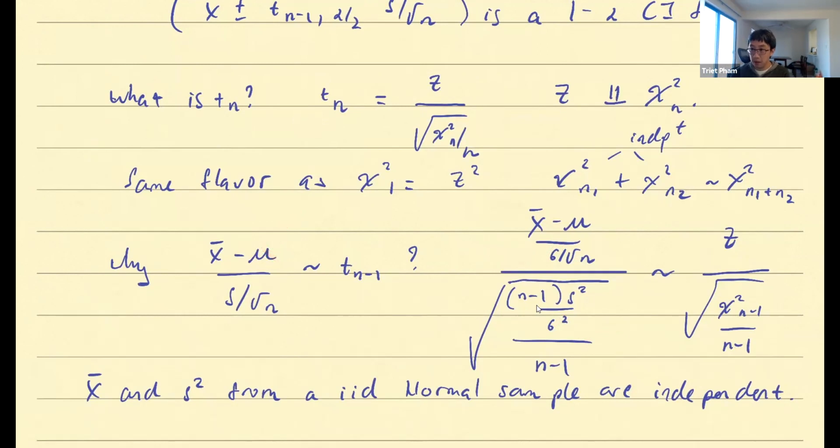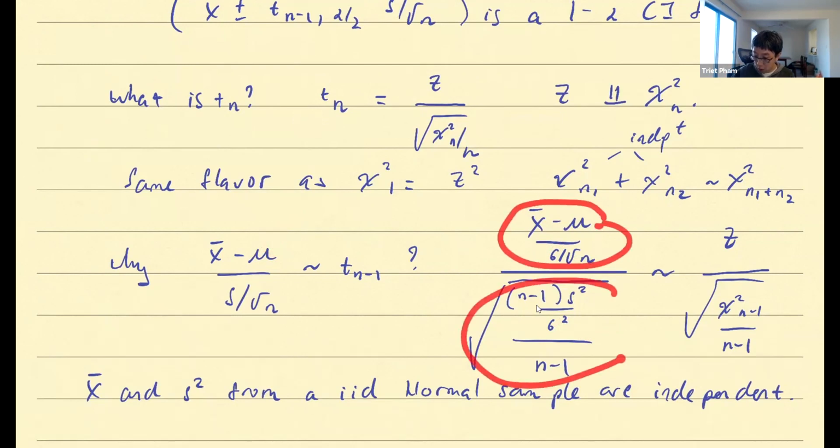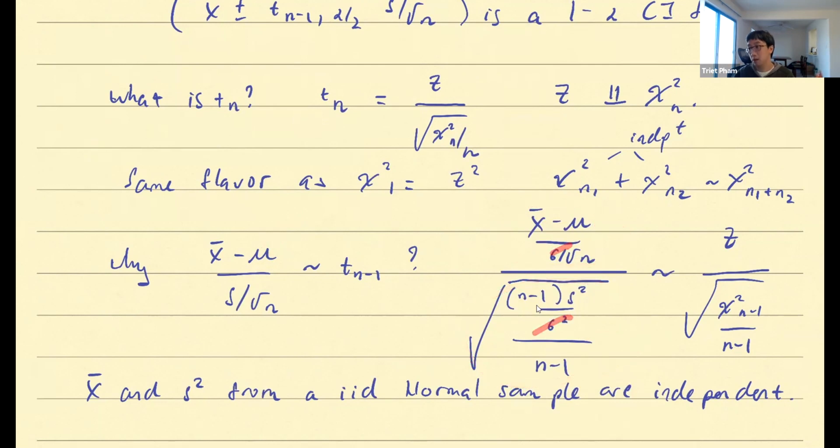So that's the beauty of it. That's why it's a big deal. It is the same scaling factor that works on top and bottom, allowing you to cancel out this mysterious sigma, getting you two things. First, your statistic is free of sigma, but the distribution is also free of sigma, so you can use it. All right. Any question?